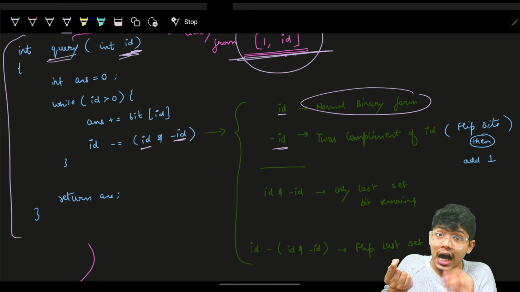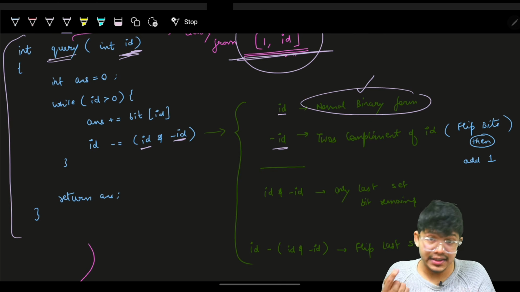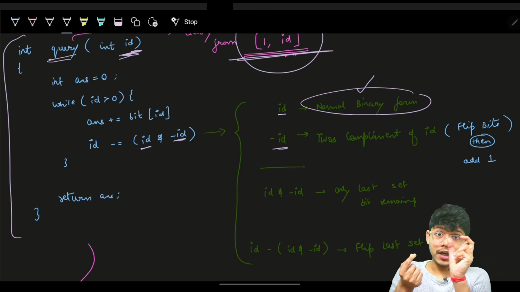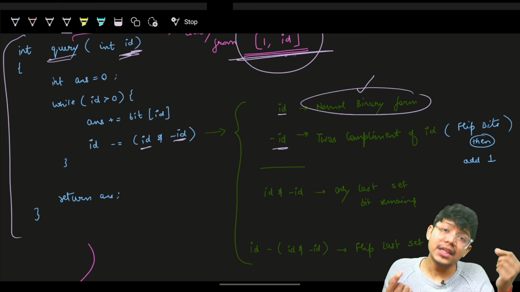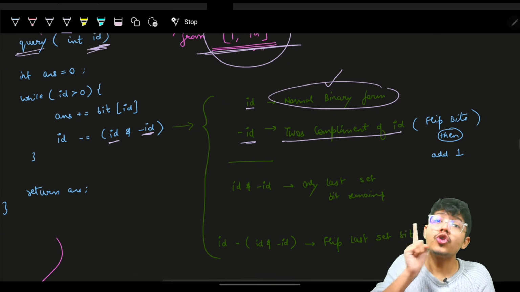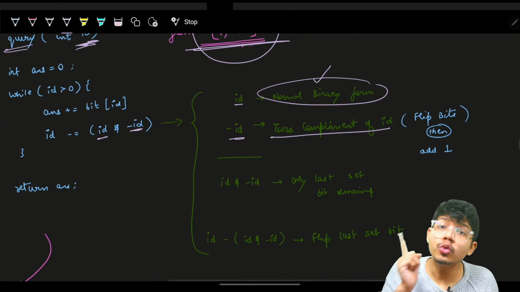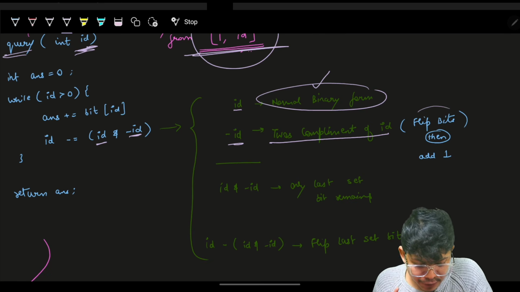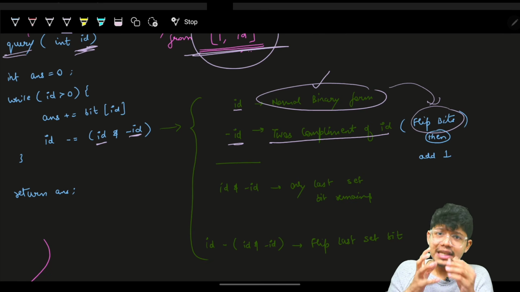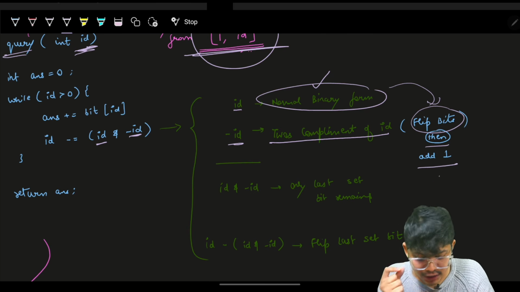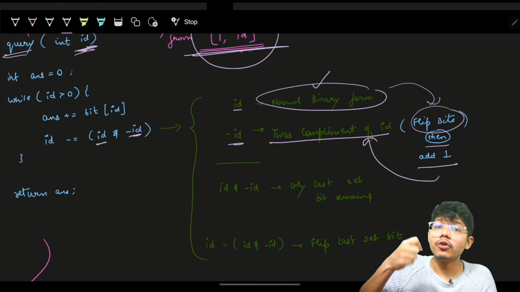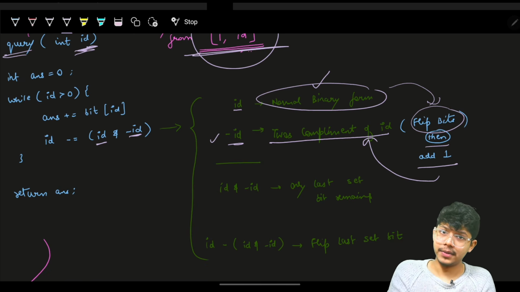How is minus ID converted to its binary form? By using its 2's complement. How is it done? Simply flip the natural bits which you had, and then add a 1. You will get the 2's complement, and that is how you represent the negative of a number.